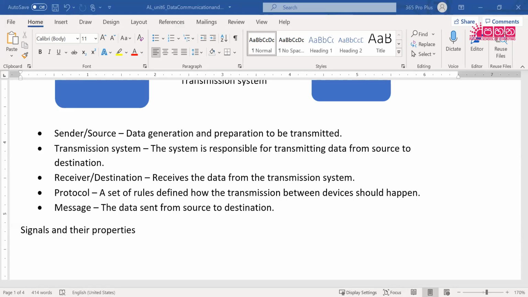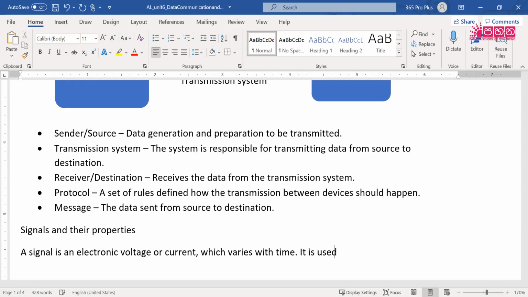When data transmission happens using what we call a signal, using signals we are going to send details. So let's write down what a signal is. A signal is an electronic voltage or current which varies with time.